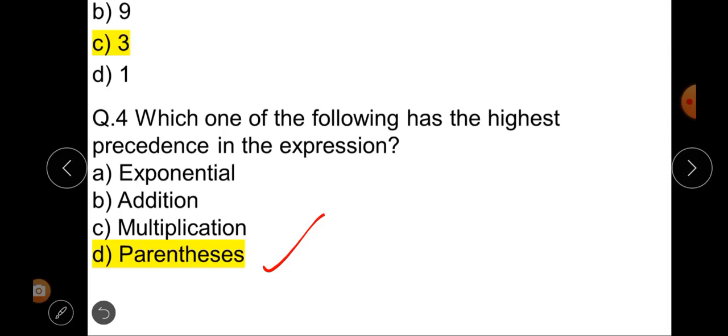Order means whether they have to be evaluated left to right or right to left. Some operators are evaluated from right to left, and most of the operators are evaluated from left to right. So these two things should be remembered, and the table is given in your book. This is a revision part of your Python programming. I think all of you are aware of the table related to precedence of operators and order of the different operators if they are part of the same expression. Okay.